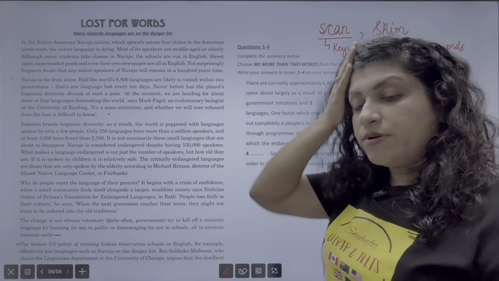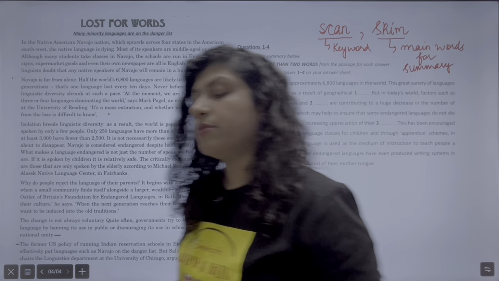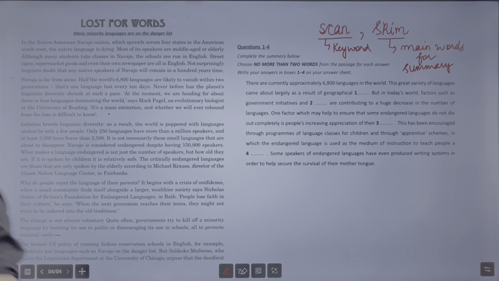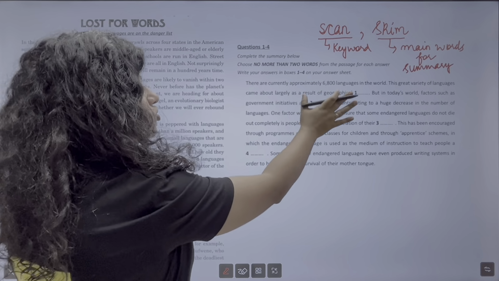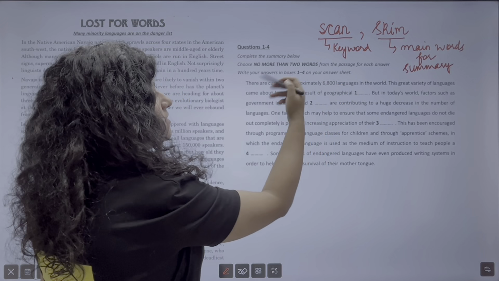So let's see how it is supposed to be done in your examination. Now, as I said, what you're going to do is you're going to focus on that part from which you think the question has been taken.